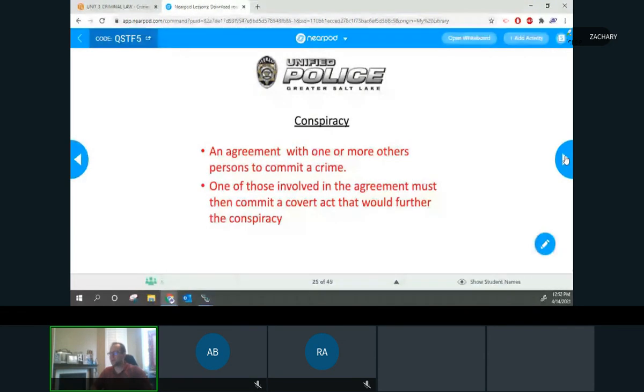So if you get together and you are planning something with somebody, an illegal act, right? Someone goes and starts making those arrangements. I mean, talking about it is one thing, right? But going out and starting to do it is another. And then once that has happened, then conspiracy has happened, right?